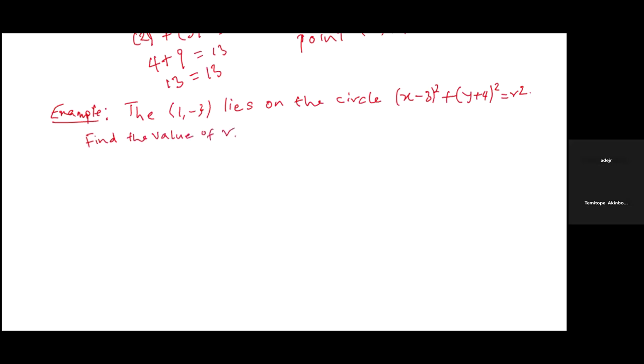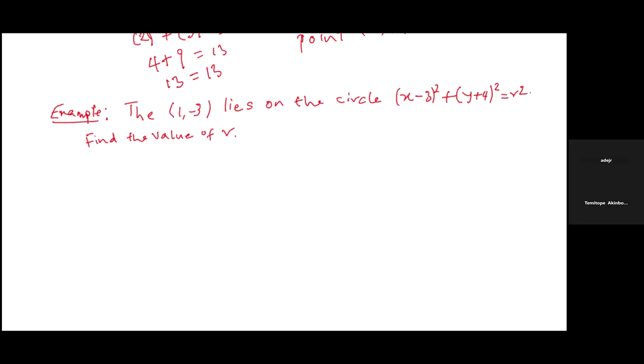So how do you intend to do that? We're told that the point (1, −3) lies on the circle, and you have been given the equation of the circle. So you are asked to find the value of r.